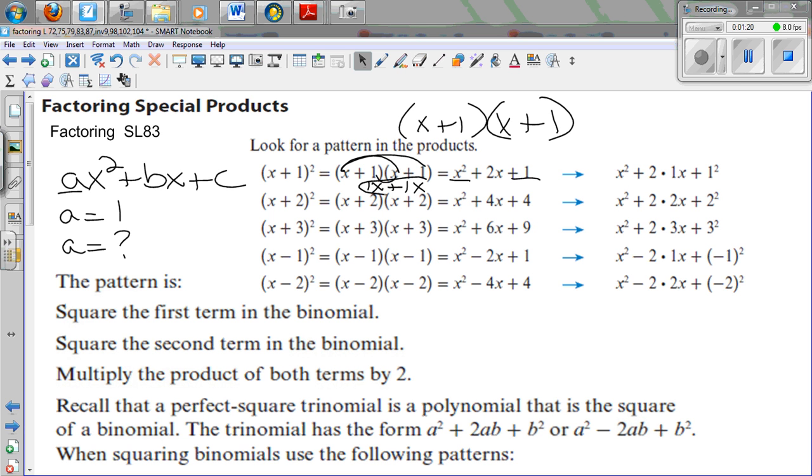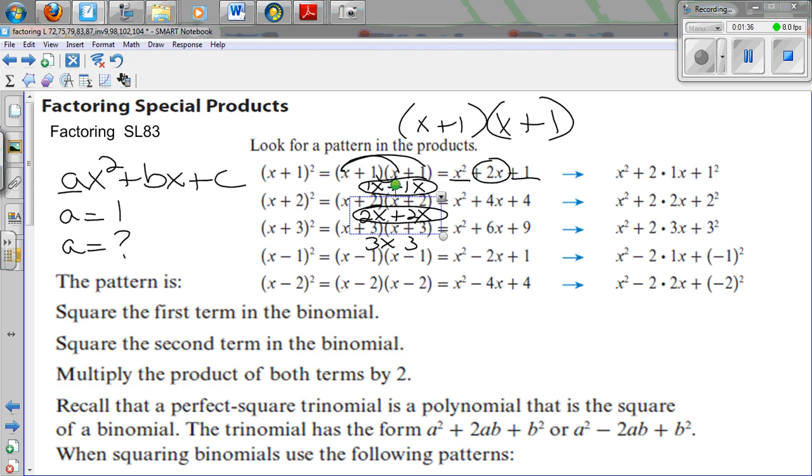Well, those middle terms are the same term, and so they add up to 2x. On the second one, the middle terms are 2x plus 2x, and they add up to 4x. So basically doubling 2x, doubling 1x. The middle terms here are going to be 3x and 3x, and when we double them or add them together, we get 6x.